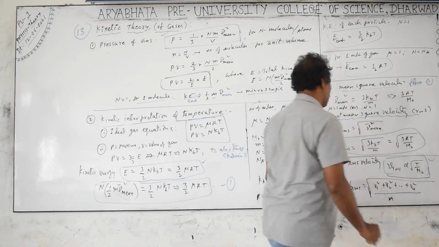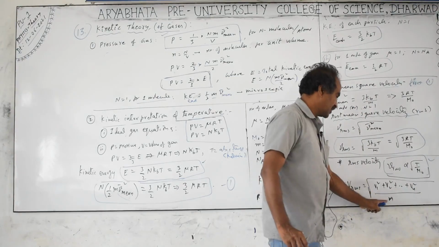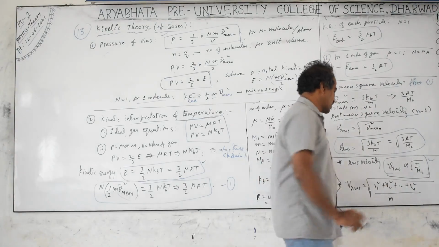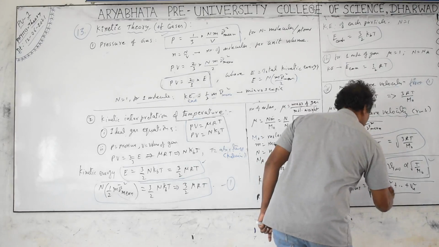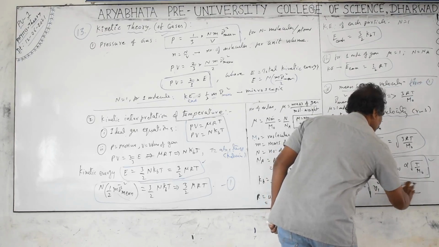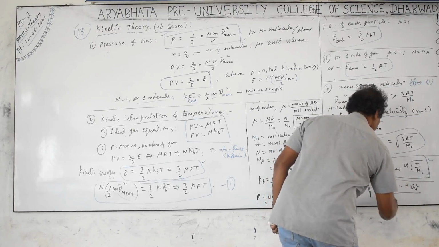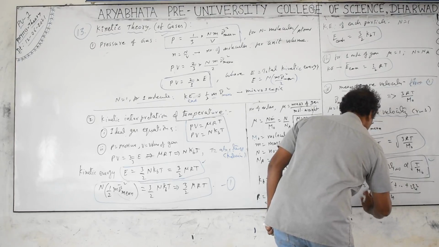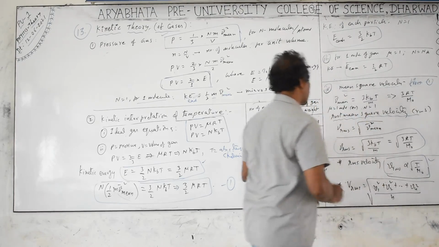This is equal to the root mean square velocity. The root of the average, the mean of the square of the velocities, is called the root mean square velocity. The root is for the whole thing.